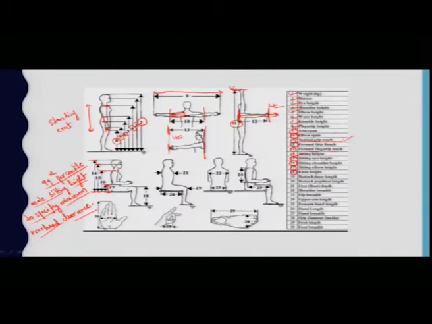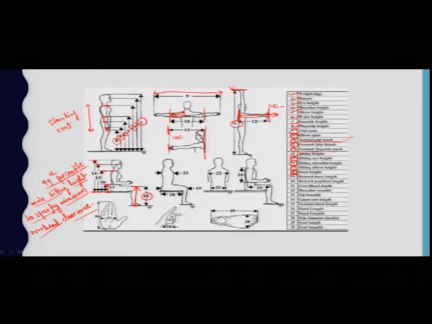The next kind of height is knee height. Knee height is number 18, and 18 is showing here. It is the distance from the floor to the top of the knee. So, this is the top of the knee, and this distance is known as knee height.